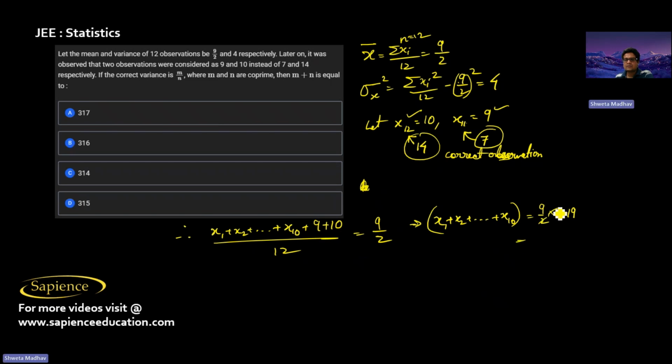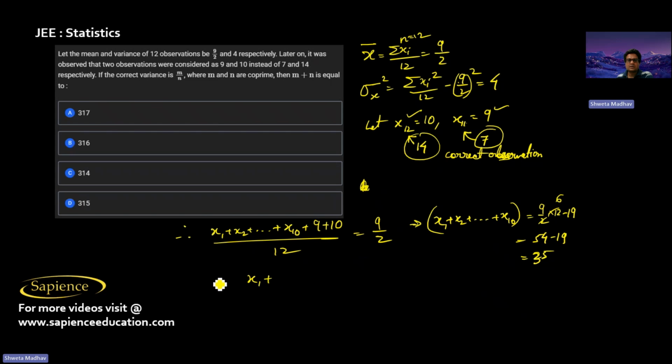So which will be 54, 54 minus 19, that is 35. So this is 35.